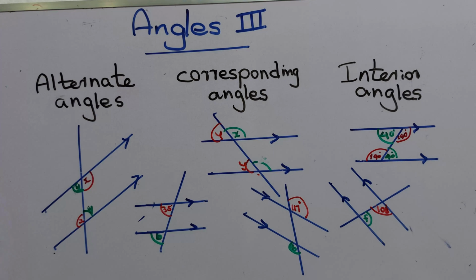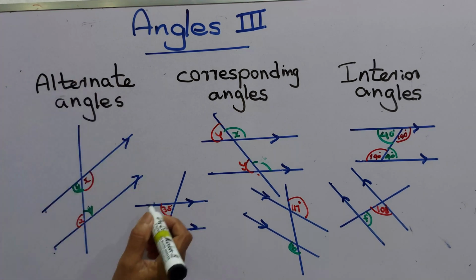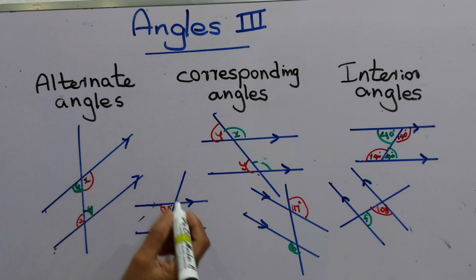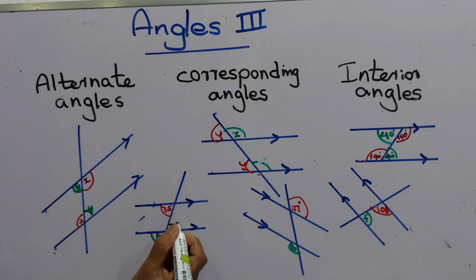Given 35 as this angle under alternate angles, we already know opposite side angles are equal. Then this angle is 35, and this angle also becomes 35. Very easy, we found angle B is 35 degrees.